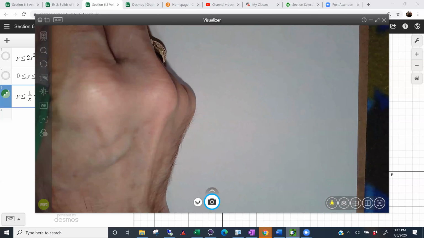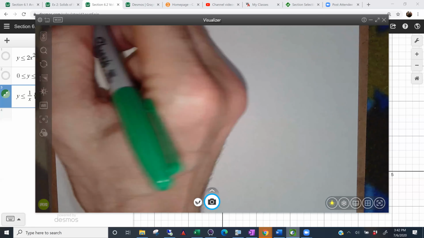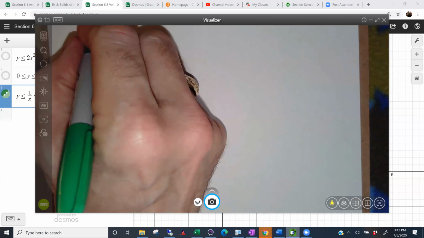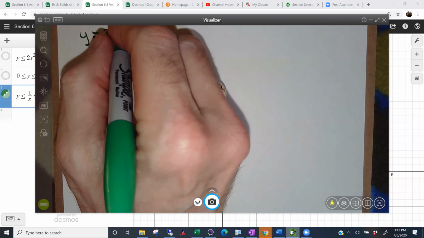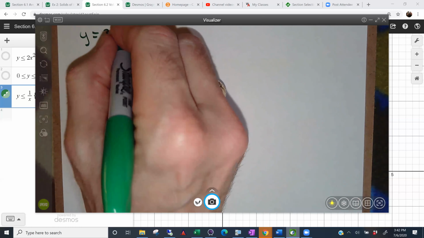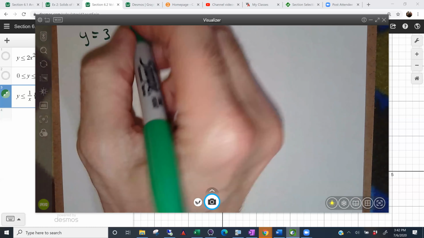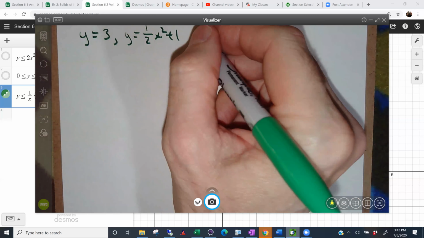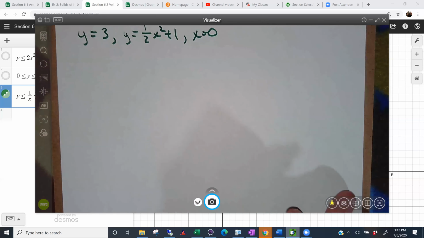Let's try some more here. So let's take a look at y equals 3. That's the region of y equals 3, y equals 1/2 x squared plus 1, and x equals 0, which of course is just the y-axis.